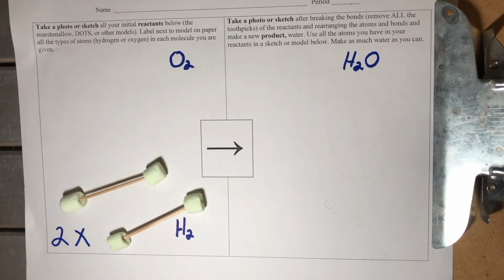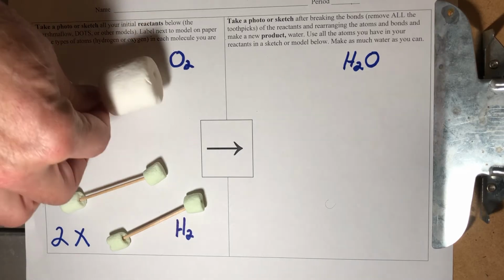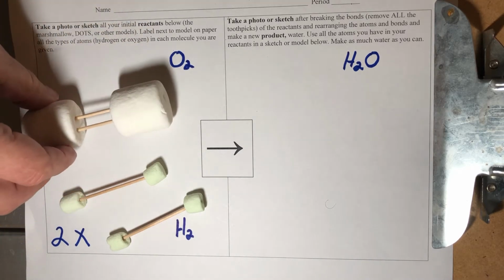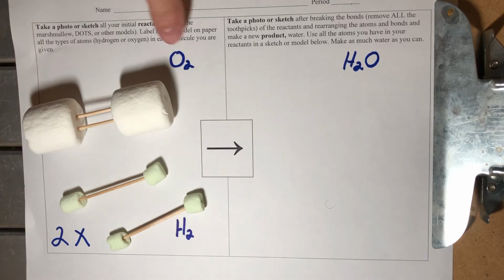And so also I'm going to give you some O2, or you're going to make a model yourself of O2. And of course that's two oxygen atoms, and each of these is two hydrogen atoms. And we're going to try to make some water. And these are the chemical formulas here, and H2O, of course, is the chemical formula of water that you already know.